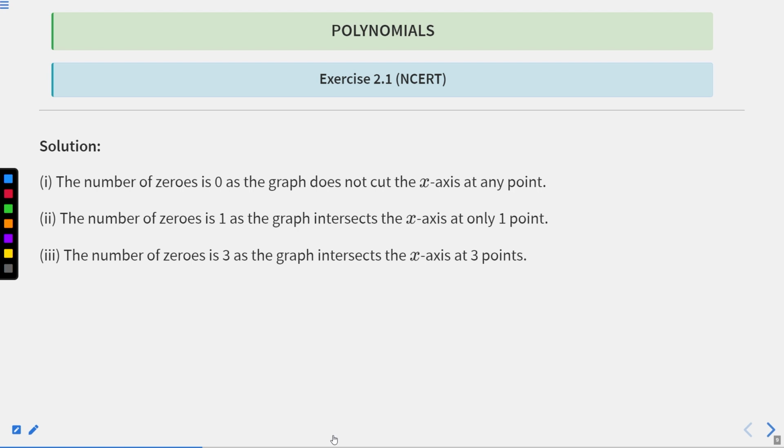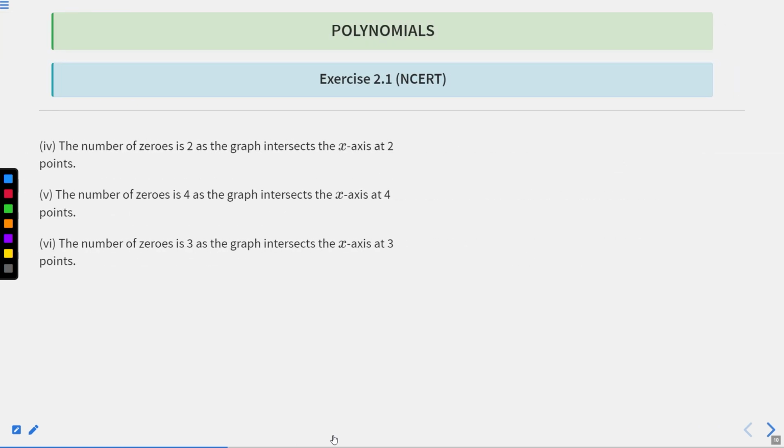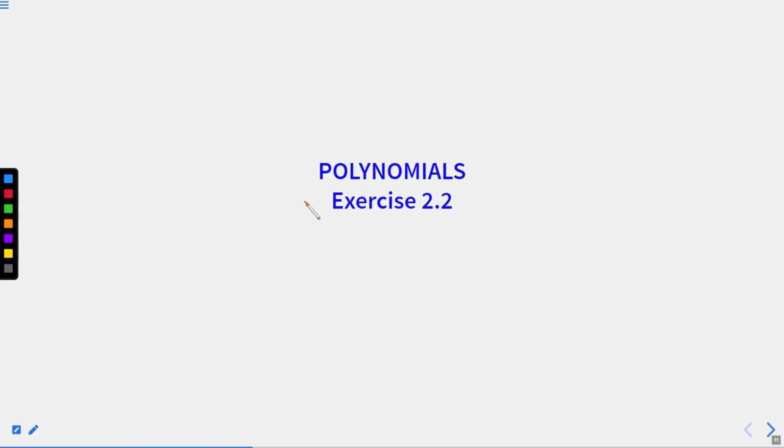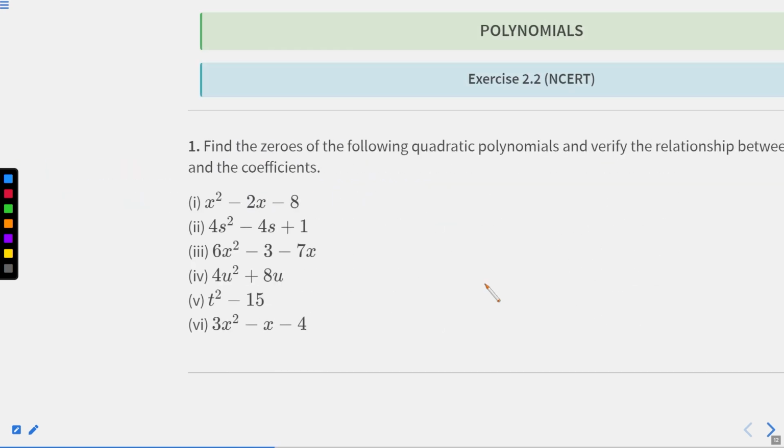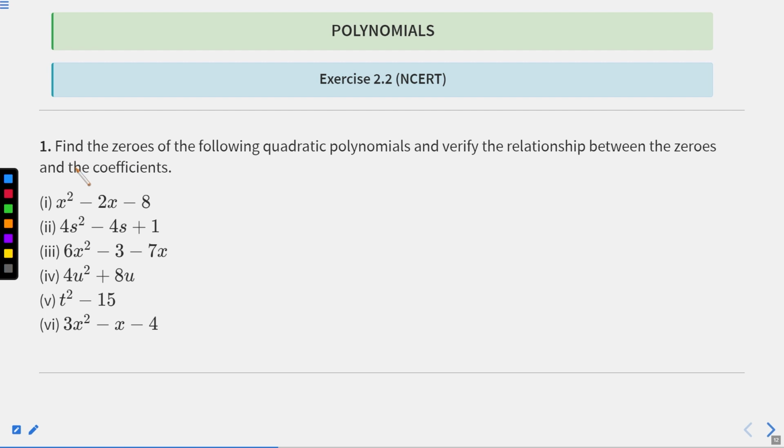Now let us solve exercise 2.2. Okay, so in question number 1, we have to find the zeros of the following quadratic polynomials and verify the relationship between the zeros and the coefficients.